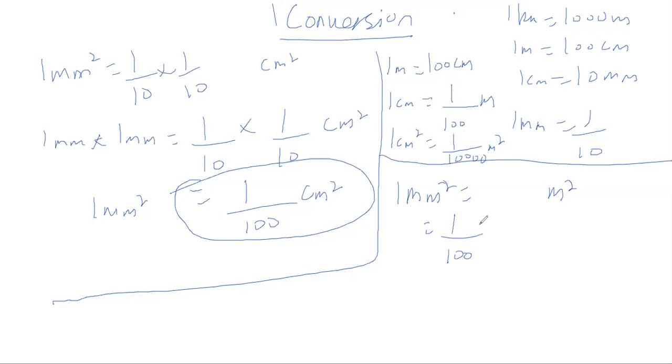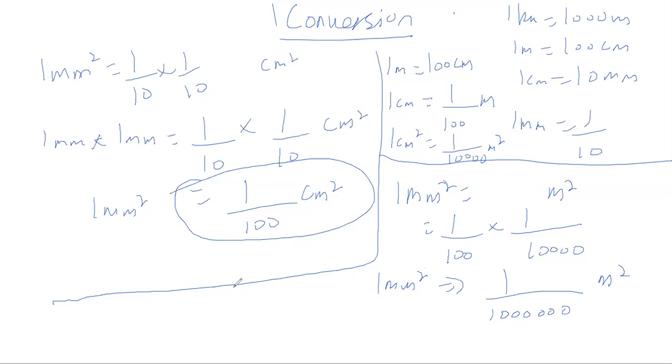Now just multiply this over here. This becomes 6 zeros. 1 millimeter square is equal to 1 over 6 zeros. Up till now, is it clear? From millimeter square to centimeter square, Nabiya, Falia, Smile, and Mustafa.